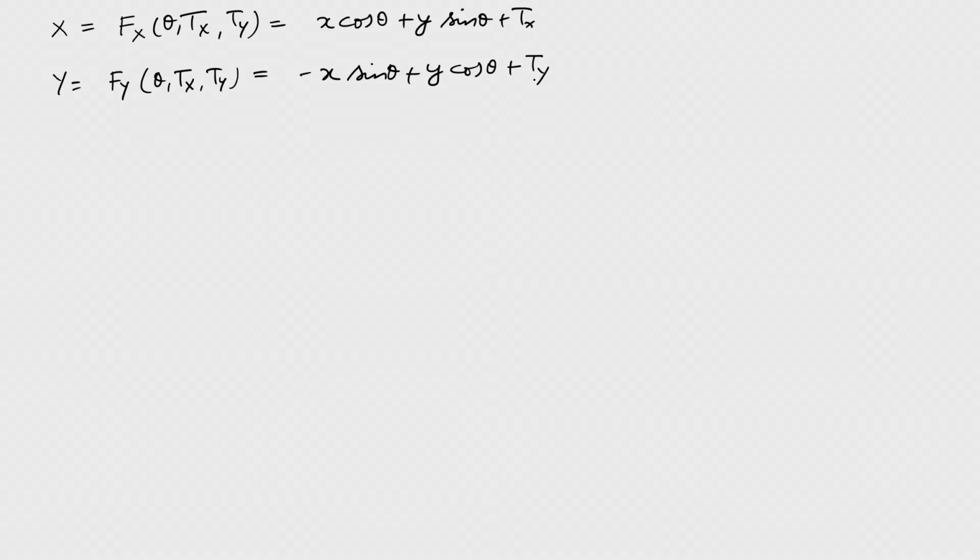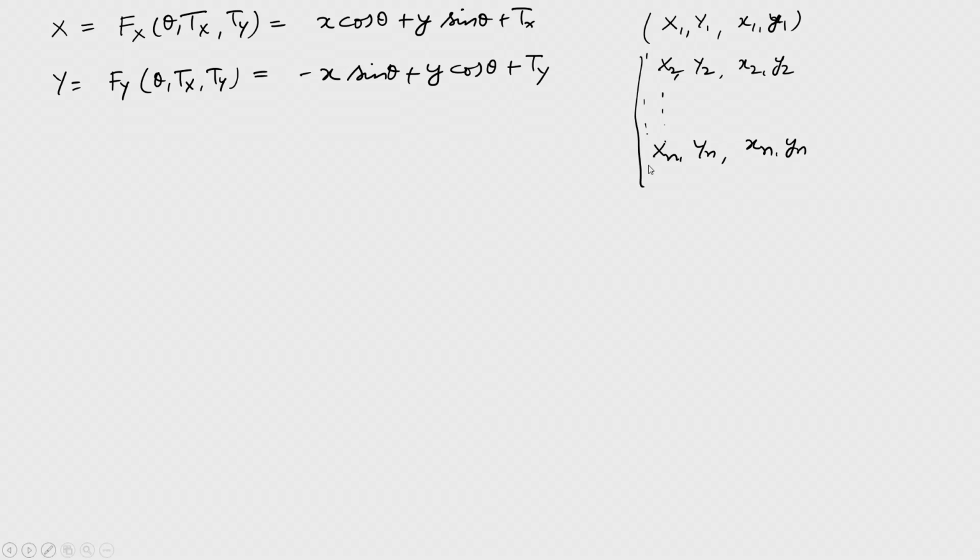So that was the example where I said, let us see, I am observing x1, y1 corresponding to x1, y1. It could be a datum transformation, or a two-dimensional transformation of two images or two data sets, anything. So now I am observing x2, y2 corresponding to x2, y2, and so on up to xn, yn corresponding to xn, yn, and I want to find this transformation. So my unknowns are theta, Tx and Ty.